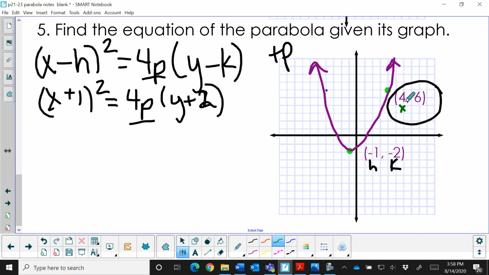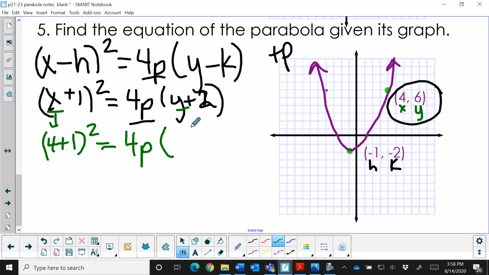The first position is an x coordinate, and the second position is a y coordinate. So that means I can plug in 4 for x and 6 for y into this equation, and then I'll be left with one variable. So let's plug in a 4 here, so 4 plus 1 squared is equal to, we don't know p, so bring that down.